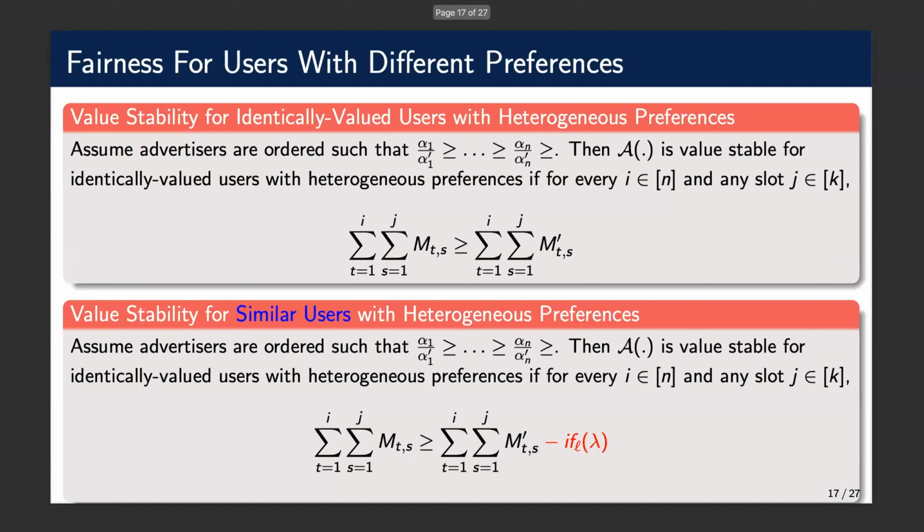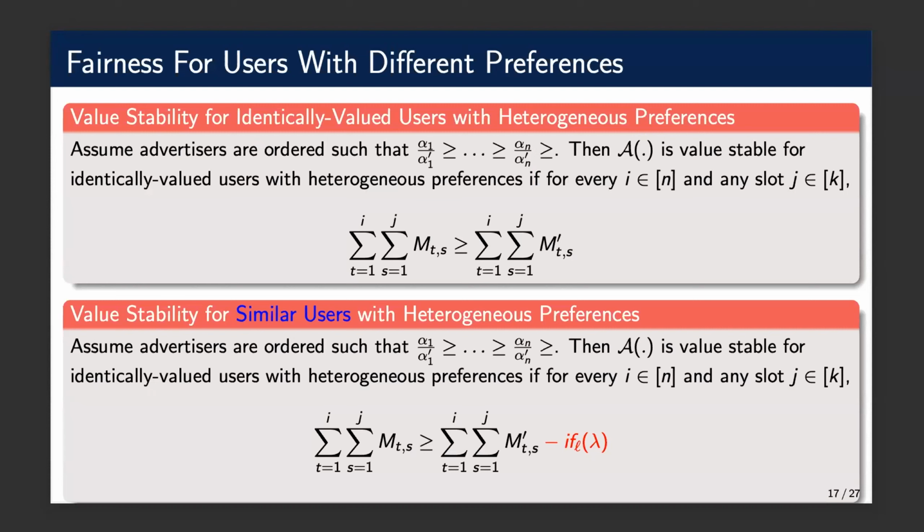With this in mind, we define value stability for users with different preferences. We first consider a simple case where the two users have identical bid vectors, and then a case where they have similar bid vectors, multiplicatively apart by a factor of lambda.